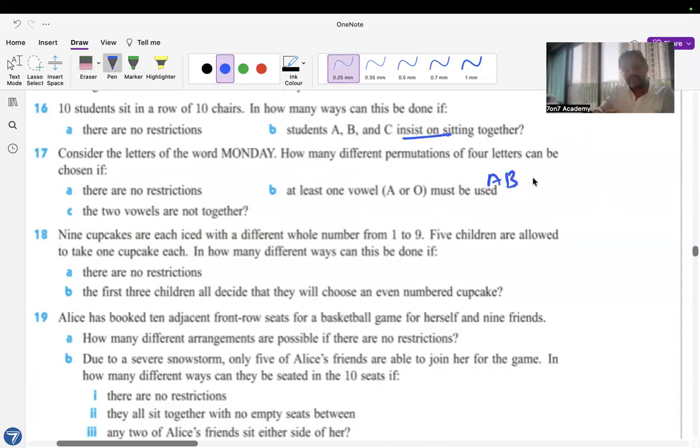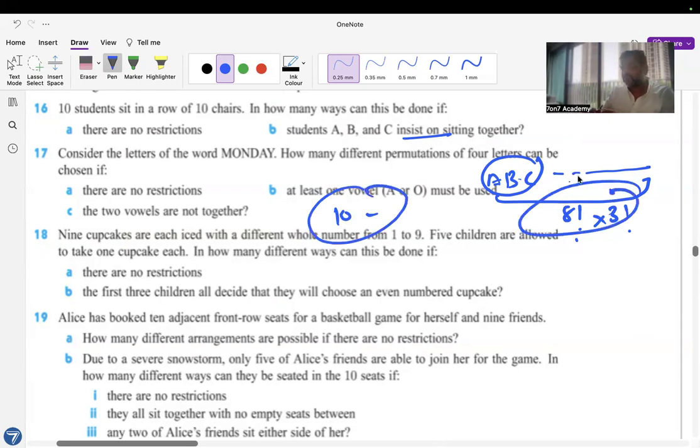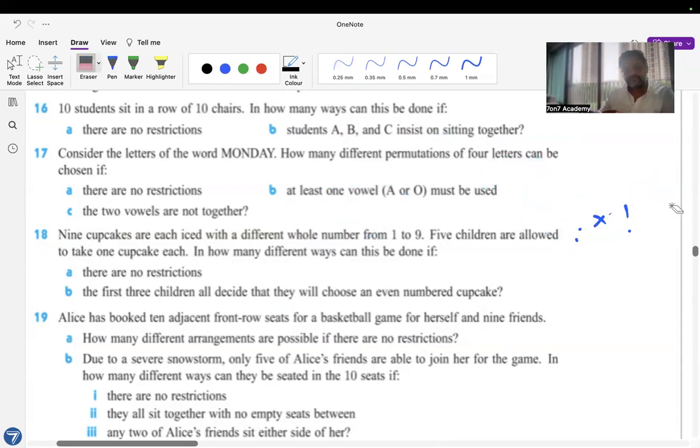You have A, B, C together, and the remaining 7 are there, so total 8 factorial. Now these can flip their positions, so 3 factorial. And when they are not together, you subtract: 10 factorial minus this. Because when there's no restriction, and you subtract when they're together, you'll get the ways they are not together. Agree?